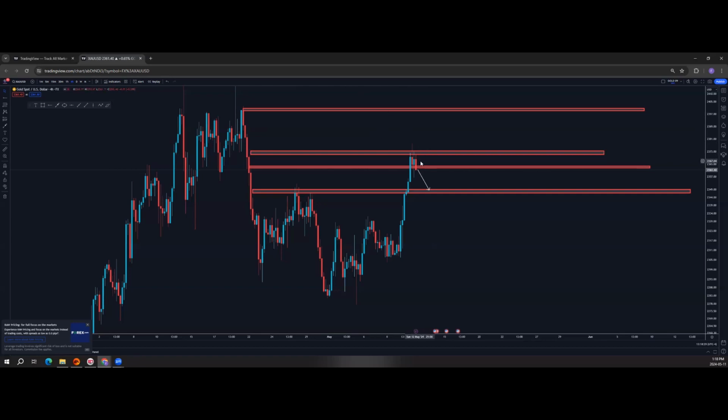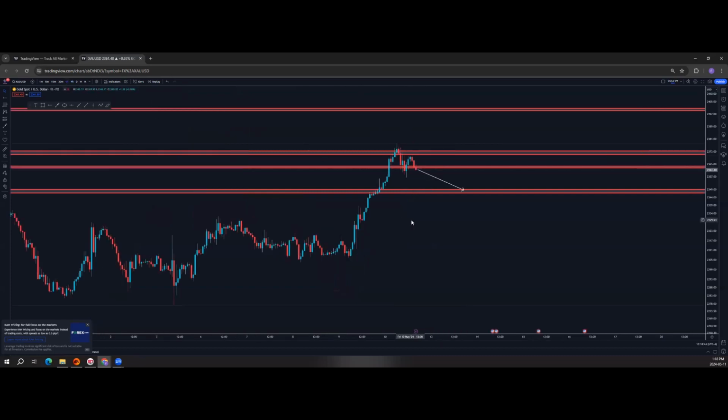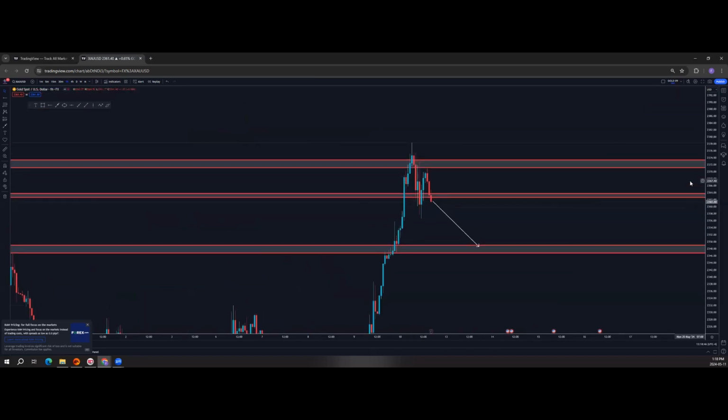But this is just to get an idea of where we're at. A 4-hour candle closing below the 4-hour support means something. So then we jump into the 1 hour. We look at the 1 hour, and we see another support that's close by, so there's really not enough range.